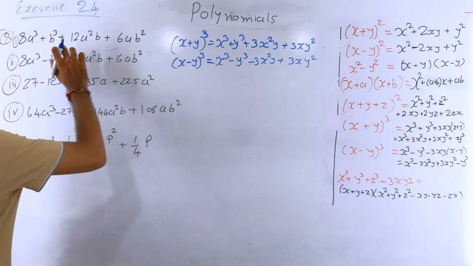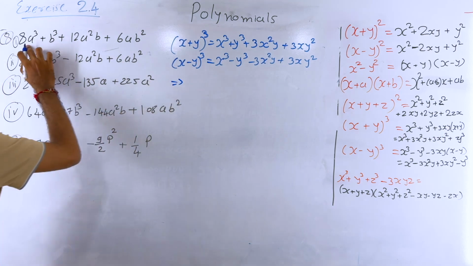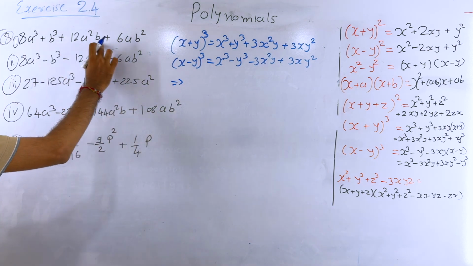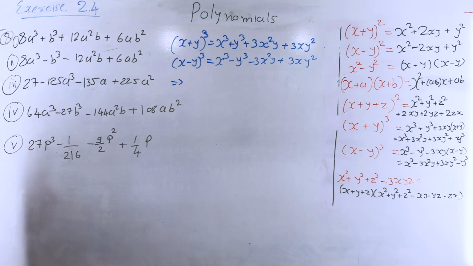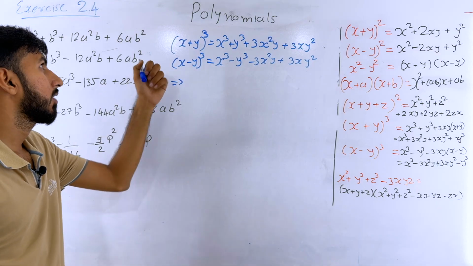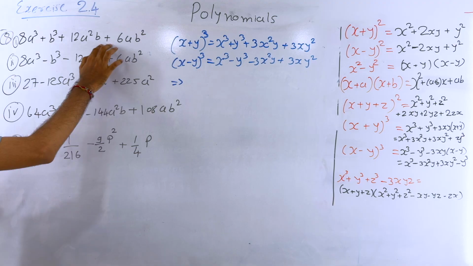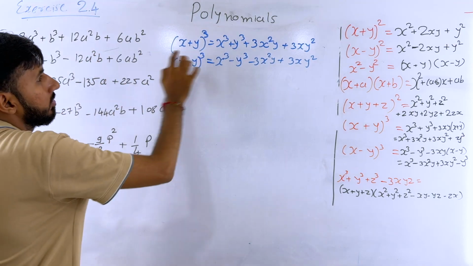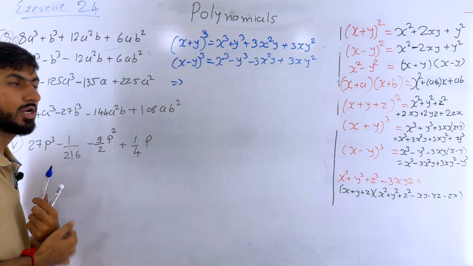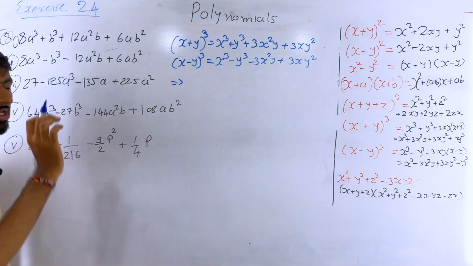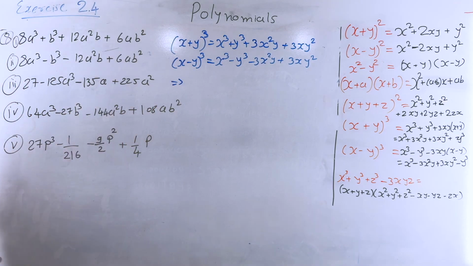Now, my first question is 8a cube plus b cube plus 12a square b plus 6ab square. Now that we have identified which identity will go with the question, we have all positive terms here, so we'll go with the first one, (x plus y) cube, right? To use the identity, my question should be in the form of the identity.